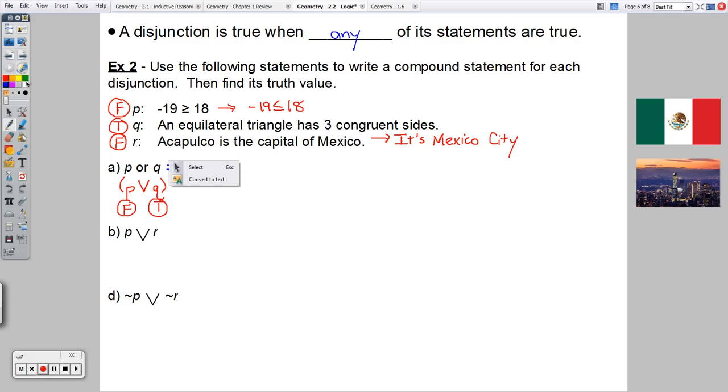And if we write out the whole statement, P or Q, the compound statement here, this looks like this. Negative 19 is greater than or equal to 18, or, instead of and now, or, an equilateral triangle has 3 congruent sides.